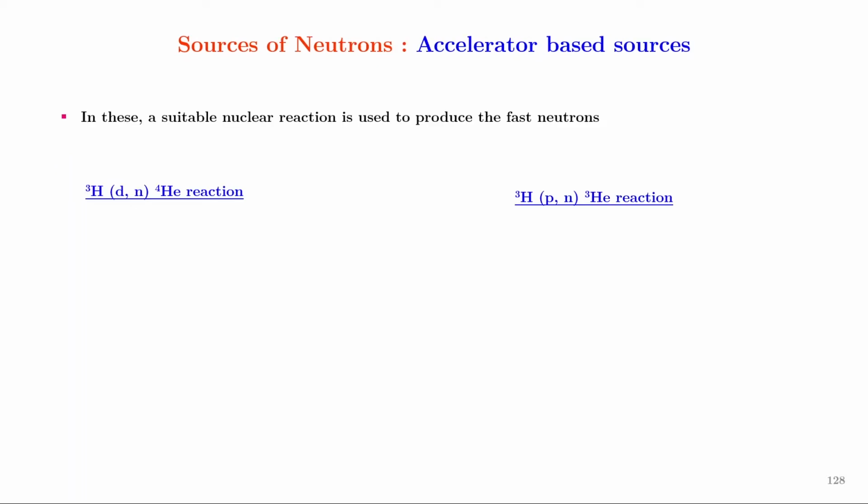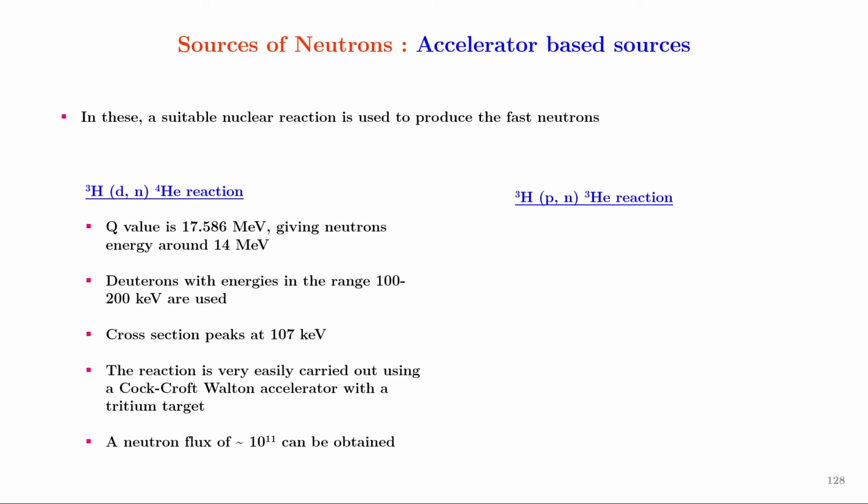Another type of neutron source is accelerator-based sources. In this, a suitable nuclear reaction is used to produce the fast neutrons. A very important source of neutrons, and the one with which probably the largest number of experiments have been carried out, is the 3H(d,n)4He reaction. The Q value of the reaction is 17.586 MeV, giving the neutron energy around 14 MeV.